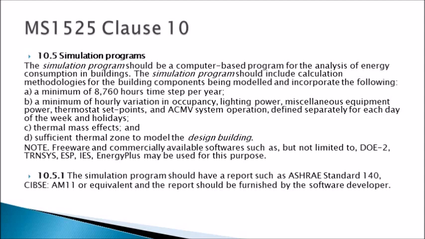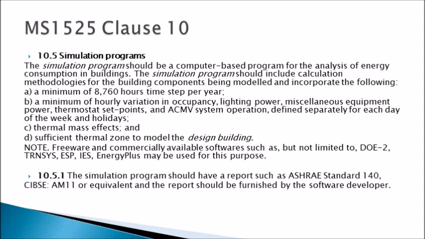A minimum of hourly variation in occupancy, lighting power, miscellaneous equipment power, thermostat set points, and ACMV system operation defined separately for each day of the week and holidays. That means your software should allow you to set different operation times for different days of the week, and sometimes you can also reflect when the building is not used.